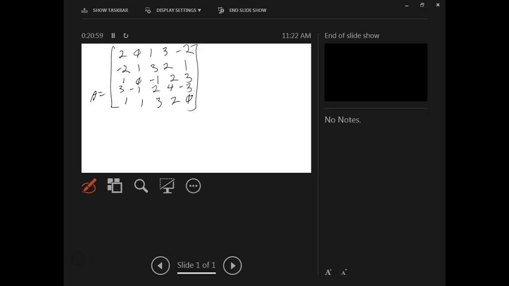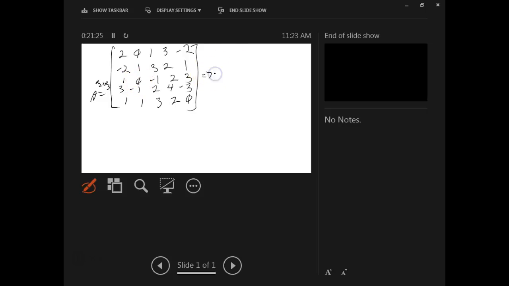Those are going to be easy to do row reductions on. So it looks to me like we should add row 2 to row 3 and see what we get. That's going to wipe out that one.